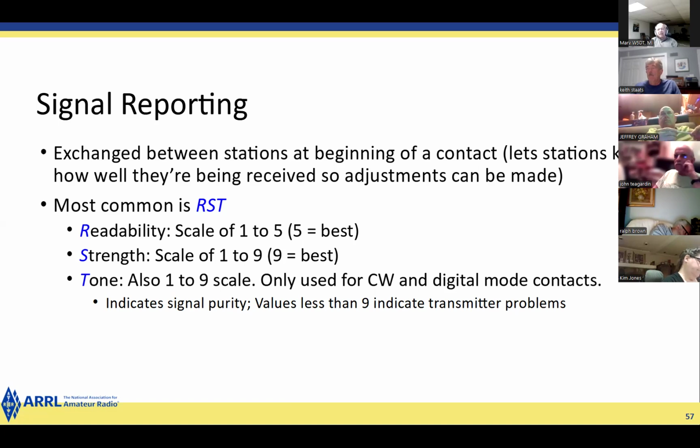So they'd have a tone problem, and they'd have chirp or something like that. But even they have cleaned up their act quite a bit, so there's not too much of that. But every once in a while, the other day I was working some guy, and he had a terrible radio, so I sent him a bad report telling him that. I told him he's got a bad signal, and I sent him a QSL card telling him he had a bad signal and he needed to clean it up.